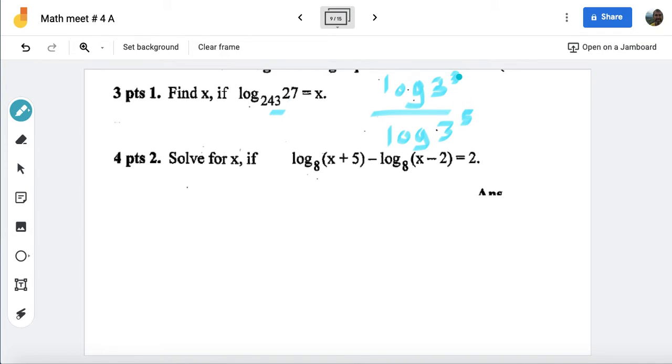So like before, 3 minus 5 is negative 2. What's 3 to the negative 2? 1/9. There's your answer.